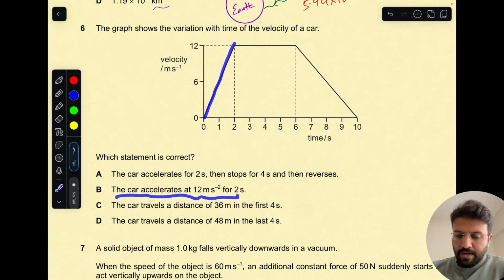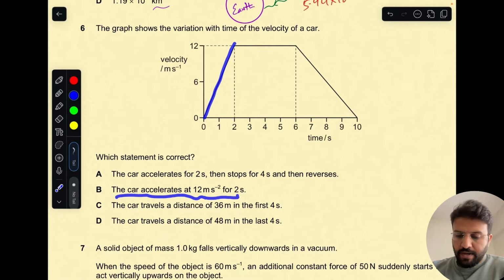The car travels a distance of 36 meter in first 4 seconds. So let's work this thing out. If we have to find, this is the 4 second, so you have to find this area and you have to find this area. This area will be 1 by 2, base is 2, height is 12, that will give you 12 meter.